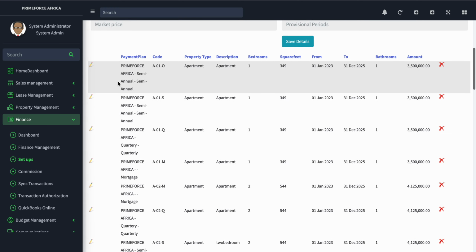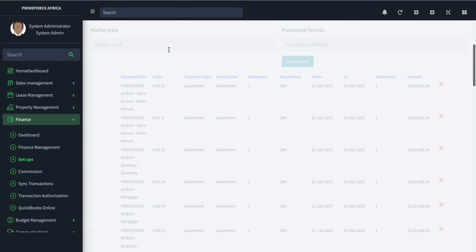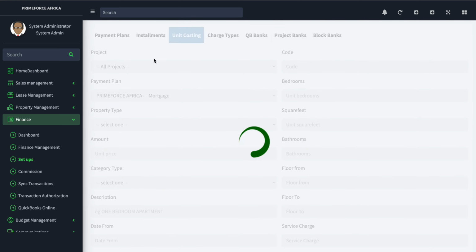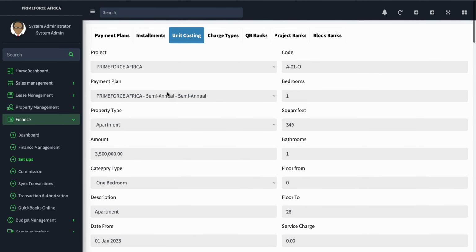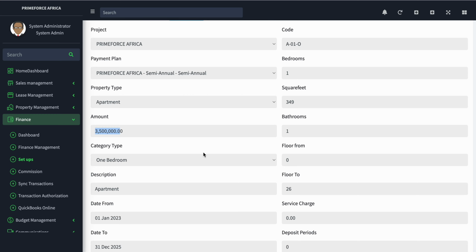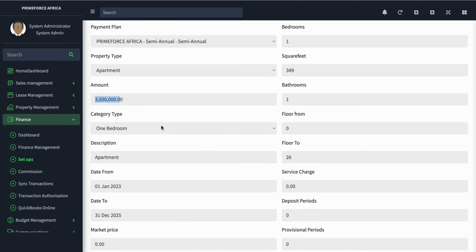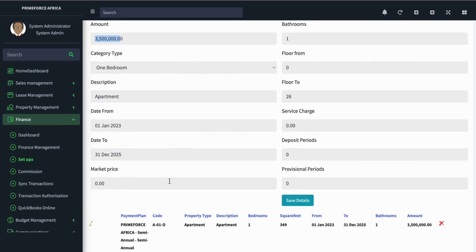And here you're able to determine the unit project, the code, the payment plan to which you have settled for, the apartment, the bedroom sizes, the square meters, and the total charge for that unit based on that plan. And then you're also able to define the category and the market price as well.